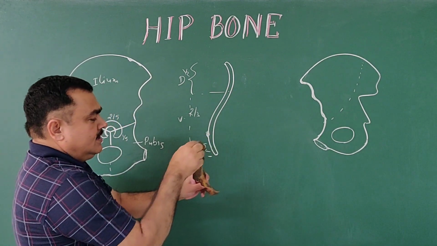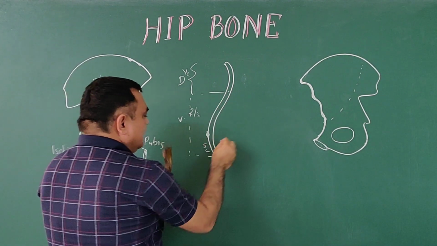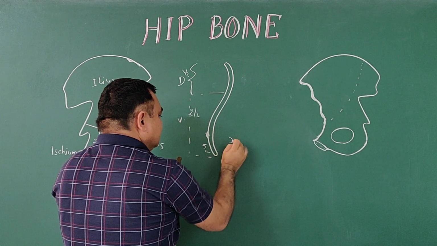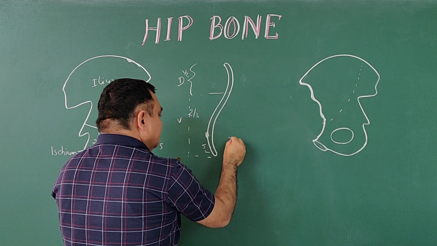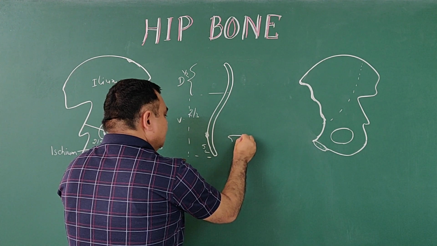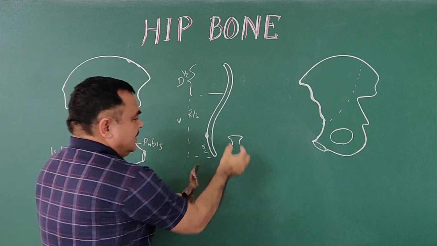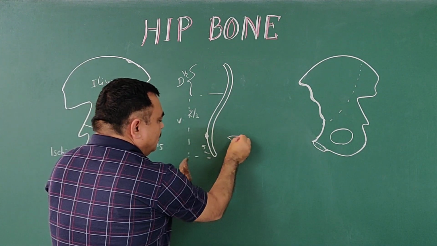And this anterior 2/3 part, if you see, has an intermediate part and 2 lips.